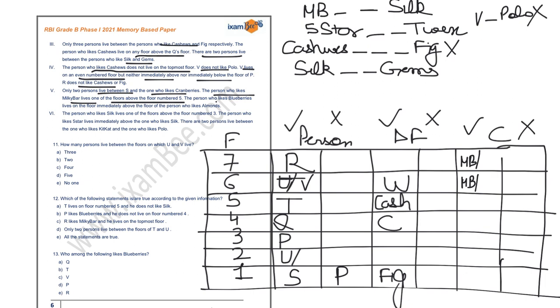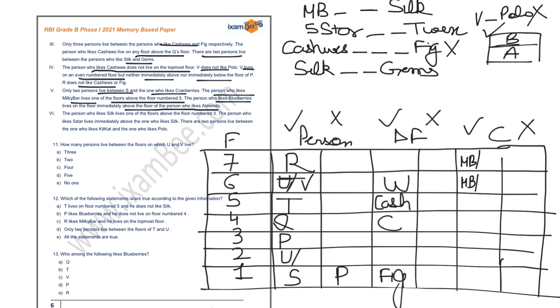Now the person who likes blueberries lives on the floor immediately above the person who likes almonds. So you can just draw a symbol that the person who likes blueberry lives immediately above the person who likes almonds, and this box represents the immediate one, right?